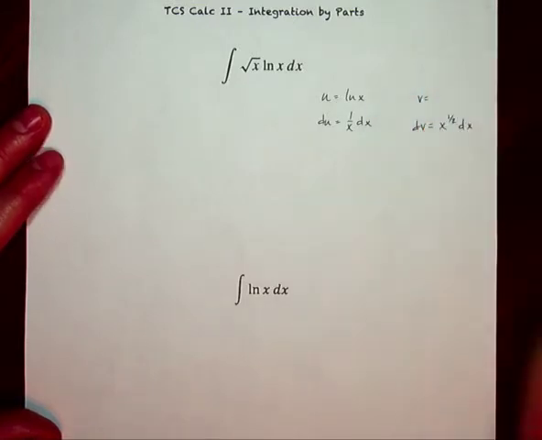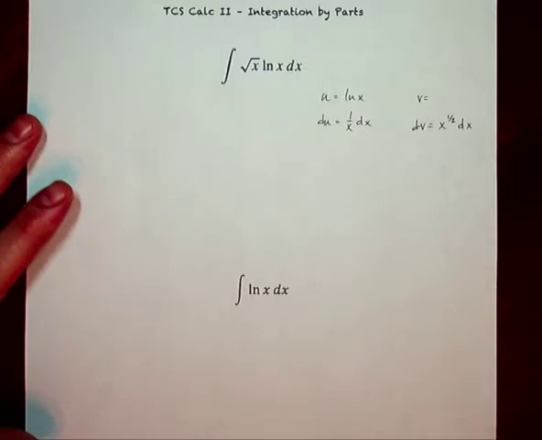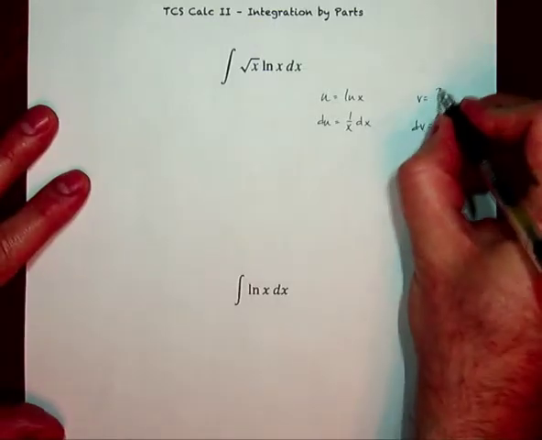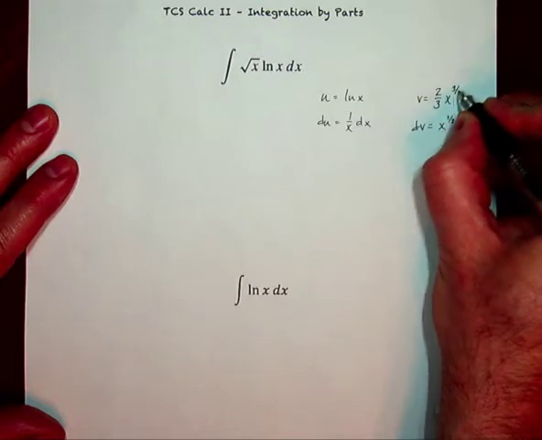And basically, when I anti-differentiate, I add 1 to the exponent and divide by that new exponent. That new exponent, that denominator, is going to be 3/2. So basically, I'm multiplying by 2/3. So 2/3 x to the 3/2.